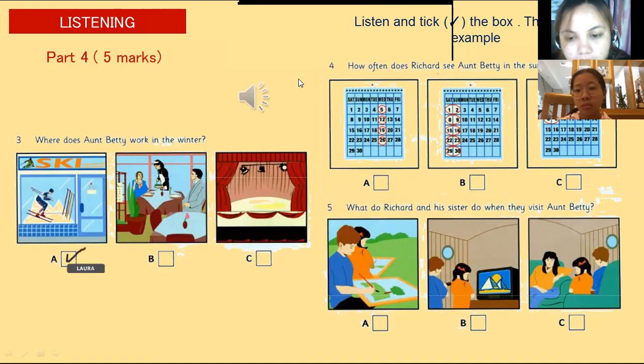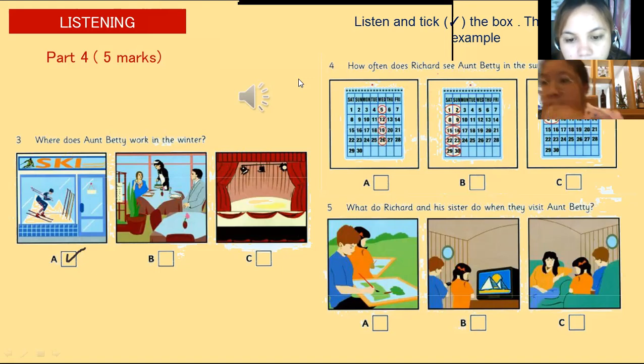She sells books and postcards. 4. How often does Richard see Aunt Betty in the summer? Do you often see your Aunt Betty? In the winter, we see her once a week. She comes up to our farm on Wednesdays for her milk. And in the summer? Only about once a month.